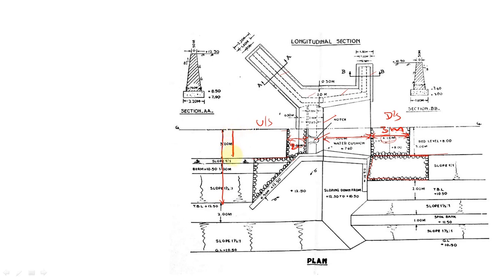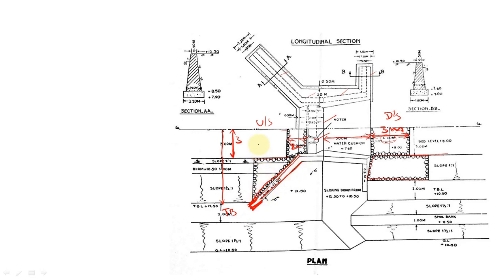That means half of its width is 3 meters. The length of the wing wall must be sufficient to encase in the banks. This is the TBL, so it must enter into the bank. Like that you will fix this slope.